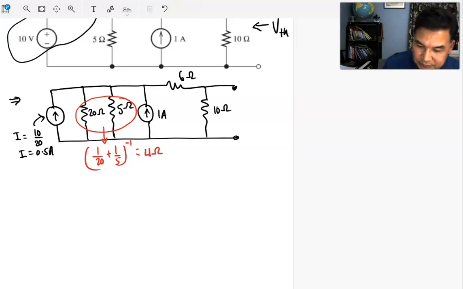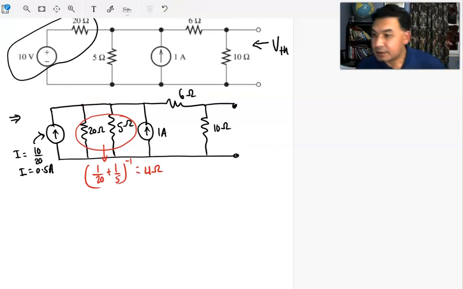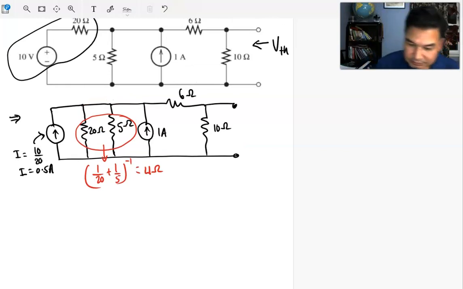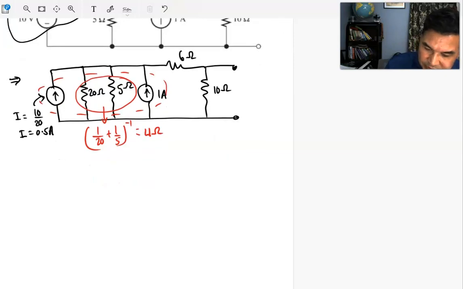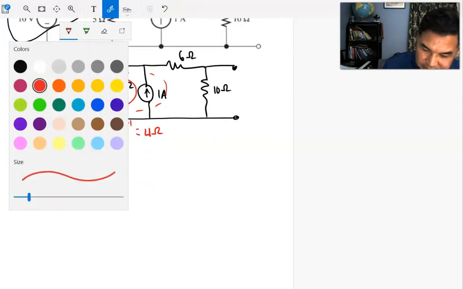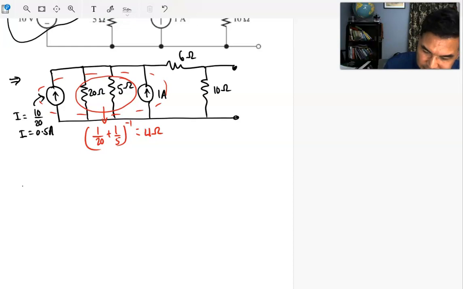And also, one more thing. Look at the current sources. This is a current source which is delivering half an amp, and this is a current source of 1 amp in the same direction. So this whole circuit, from here to here, can be reduced to a single current source.